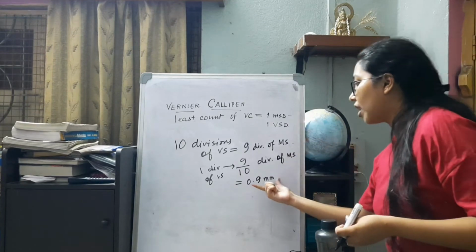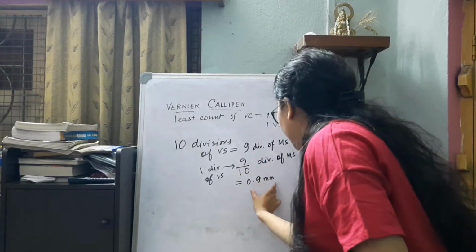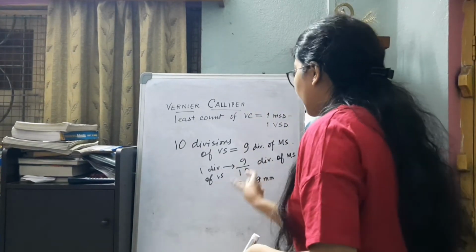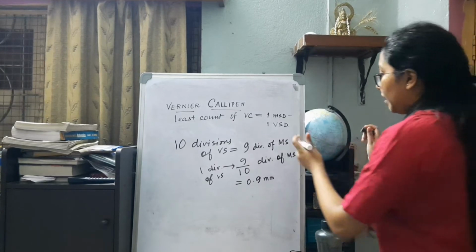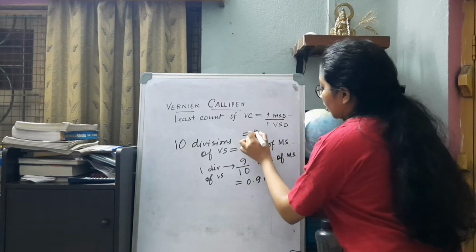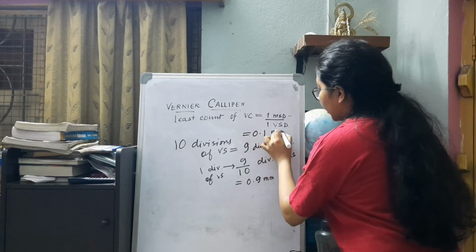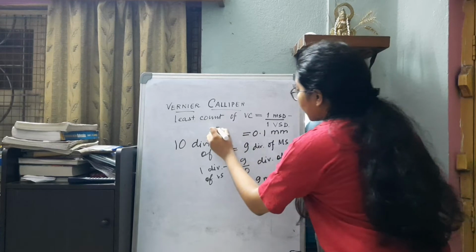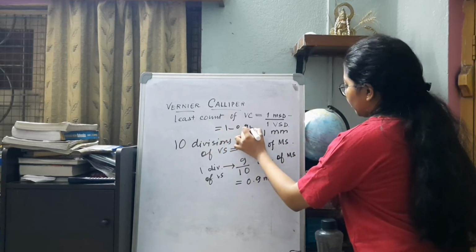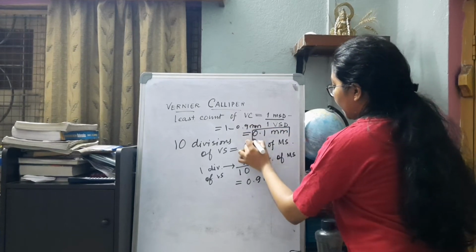We have already found that 1 vernier scale division is 0.9 millimeter, and 1 main scale division is 1 millimeter. So the least count of a vernier caliper turns out to be 1 minus 0.9 millimeter, which is 0.1 millimeter.